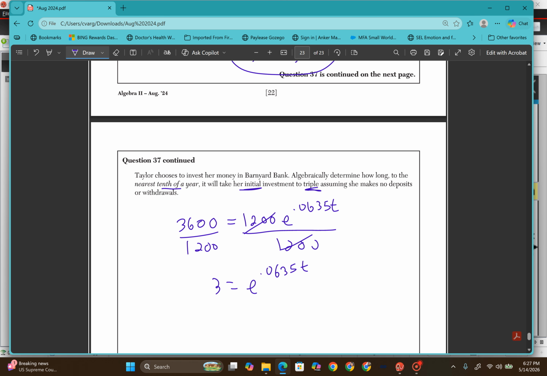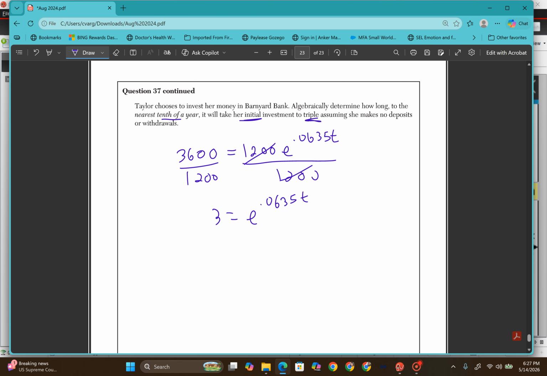You ln both sides. So ln of e to the 0.0635t is equal to ln of 3, right? And then this cancels out. So you get 0.0635t is equal to ln of 3. Divide both sides by 0.0635. And like I said, you can do nSolve.